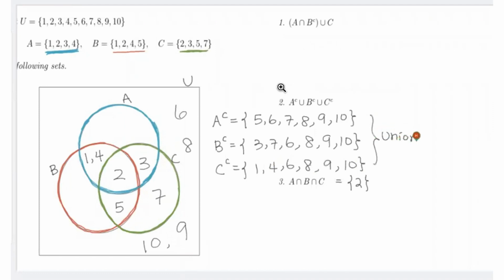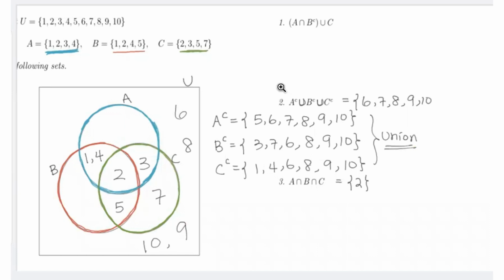The union of all these means everybody in any of them. So who can read this out for me? Union. Everybody. You just read intersection.